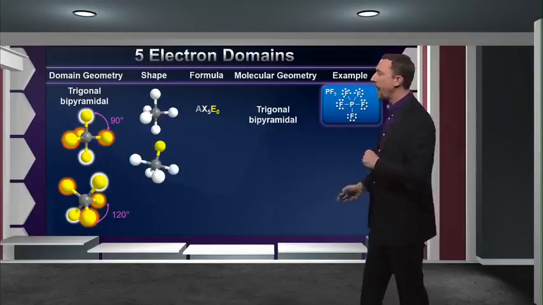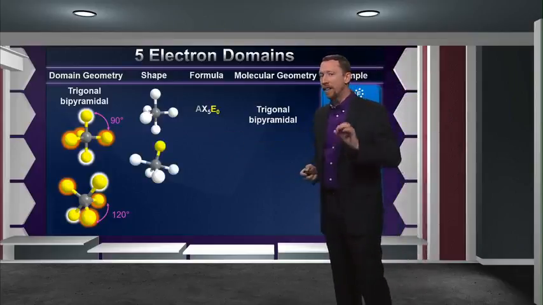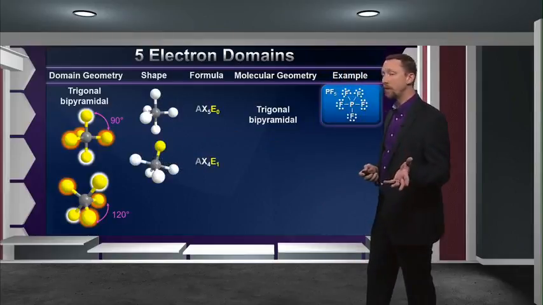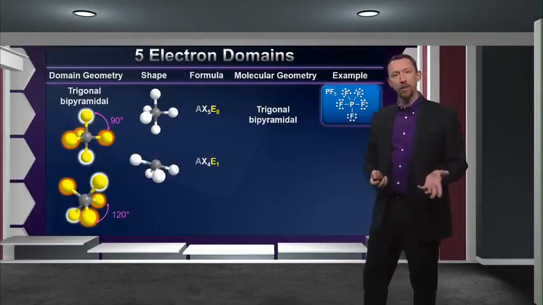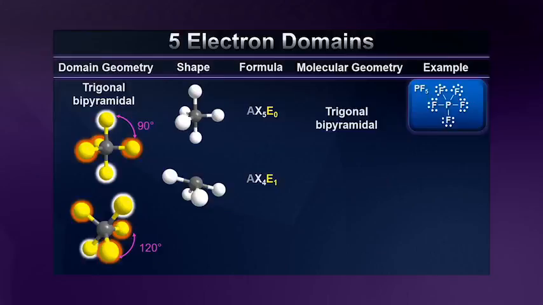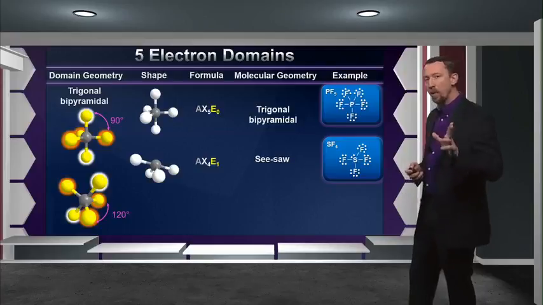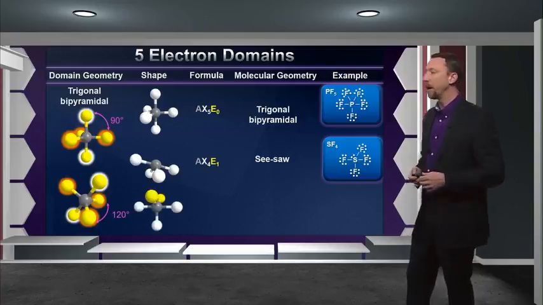But if we change one of those out and give ourselves one lone pair that is not involved in a bonded atom, we get an AX4E1 formula and a molecular geometry that looks a bit like a seesaw. So that's what we call it. This is a seesaw molecular geometry. And an example of this is sulfur tetrafluoride. Let's go one step further and take away one more bonded atom and replace it with a lone pair.